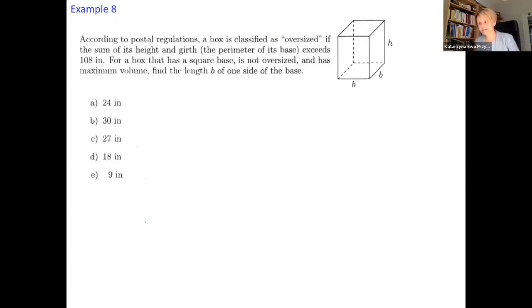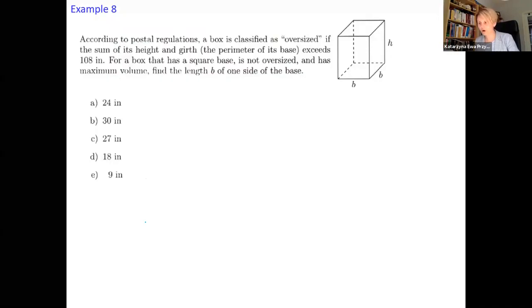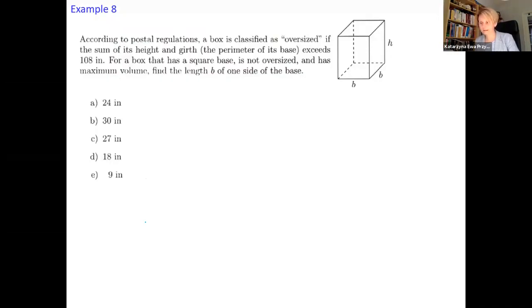For a box that has a square base and is not oversized and has the maximum volume, find the length b of one side of the base. Okay, we just have to find the side of the base of the box that is not oversized and has the maximum volume. We have to maximize volume.